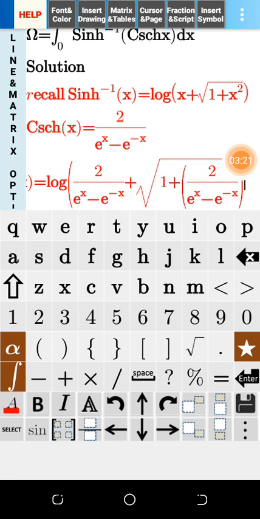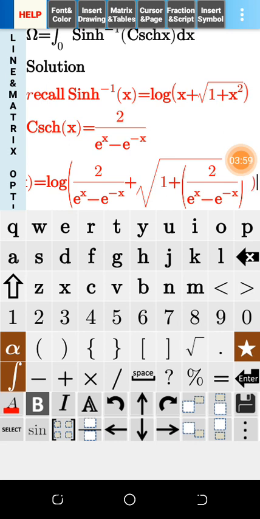Now let's continue. What I did here was that I replaced x in arcsinh x by csch x, which is 2 over e raised to the power of x minus e raised to the power of minus x.